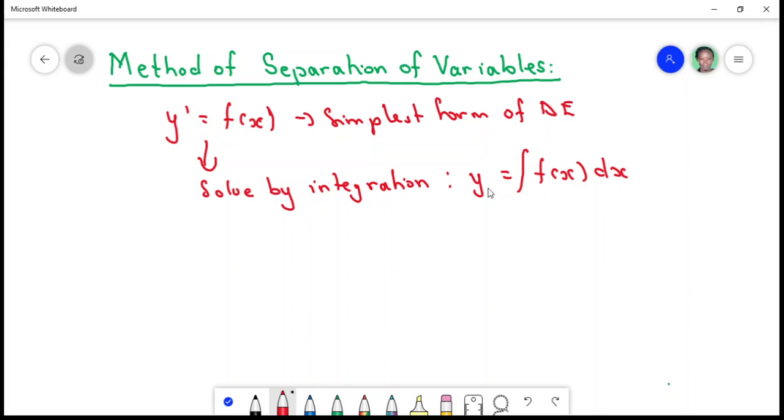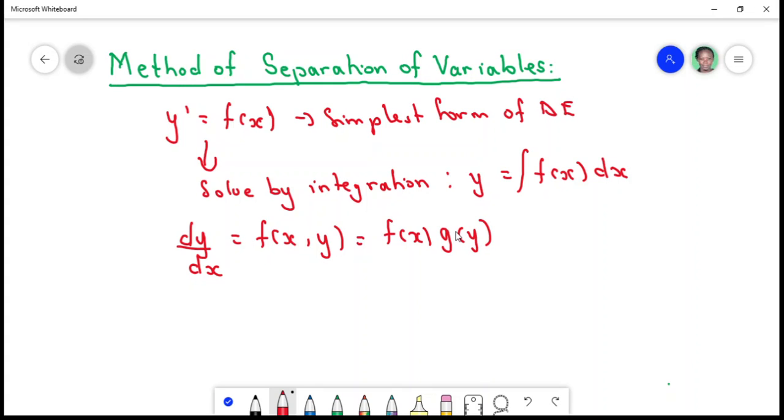But if you consider a first order differential equation, we can say it is separable, and if it's separable, you can write it in that form. So we write our differential equation dy/dx equal to f of x, y. I could equally write it as f of x times g of y.